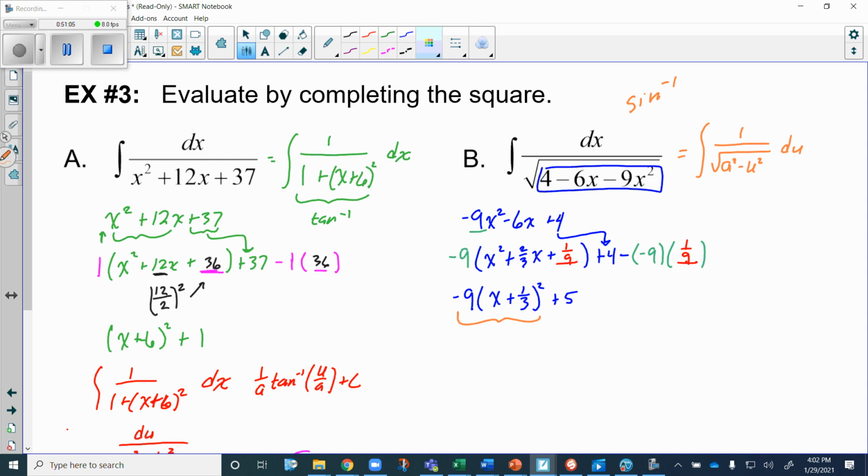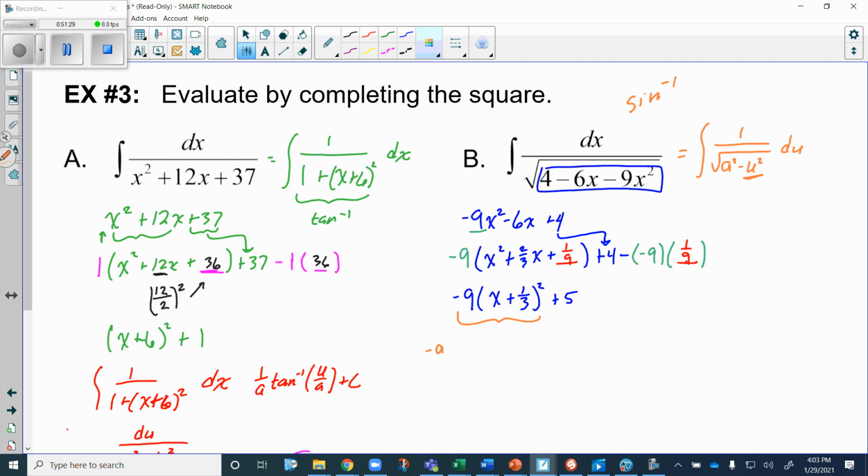Well, what we want is something that's going to be relatively easy to work with for u squared here. And what I have right now with the 9 outside of the parentheses really doesn't work. So we want to try and simplify that expression somewhat, and this is how I'm going to do it.